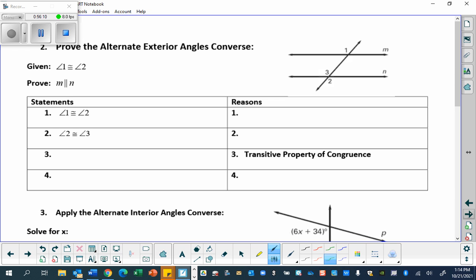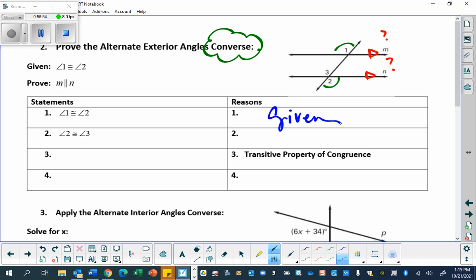So when we have our alternating exterior angles converse, that's the one that says if I'm given these two angles are congruent, can you prove that M and N are parallel? So we're going to take what we know and try to work back through what Euclid has given us as an absolute understanding. So first of all, angles 1 and 2 are congruent. That part is given to us. We don't need to worry about it.